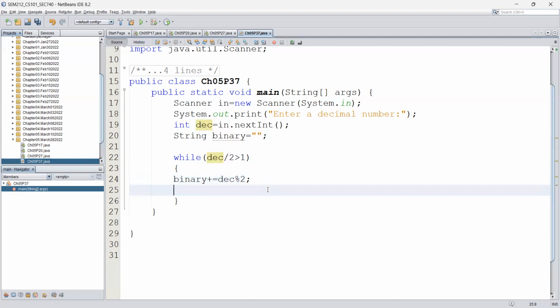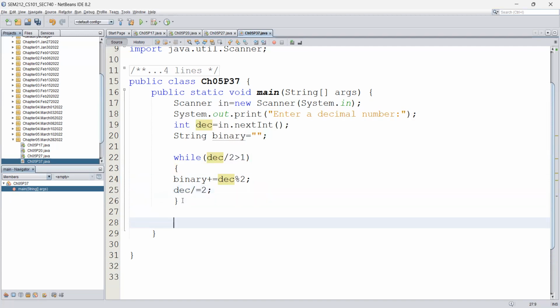And again, what should we do? After every operation, we should update it. Then System.out, let's say, equivalent binary number is.